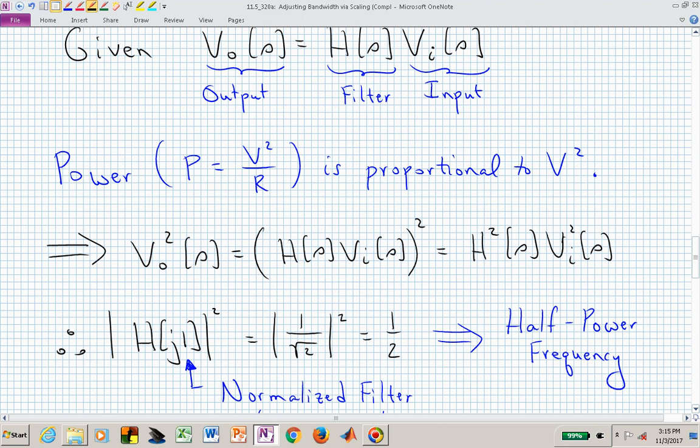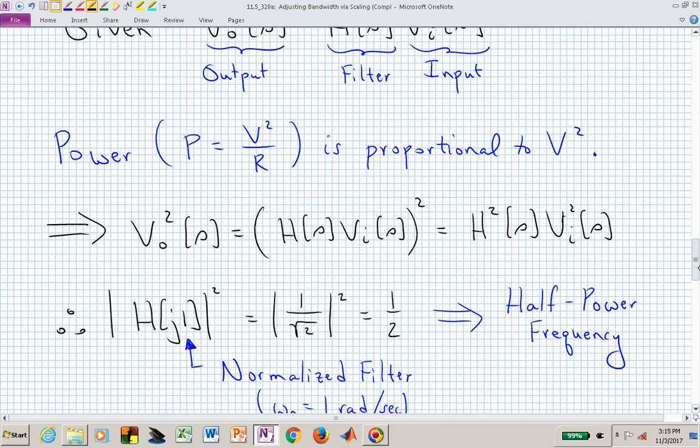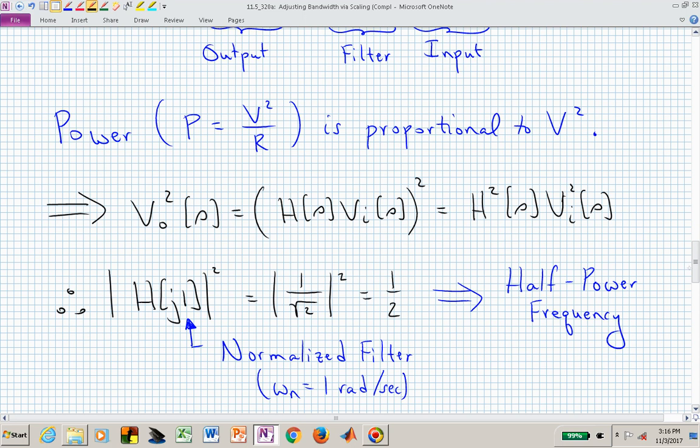And what is the magnitude of H squared at the cutoff frequency? Well, H of j1 we just computed, that's 1 over the square root of 2 for this normalized filter. Squaring that, we end up with 1/2.